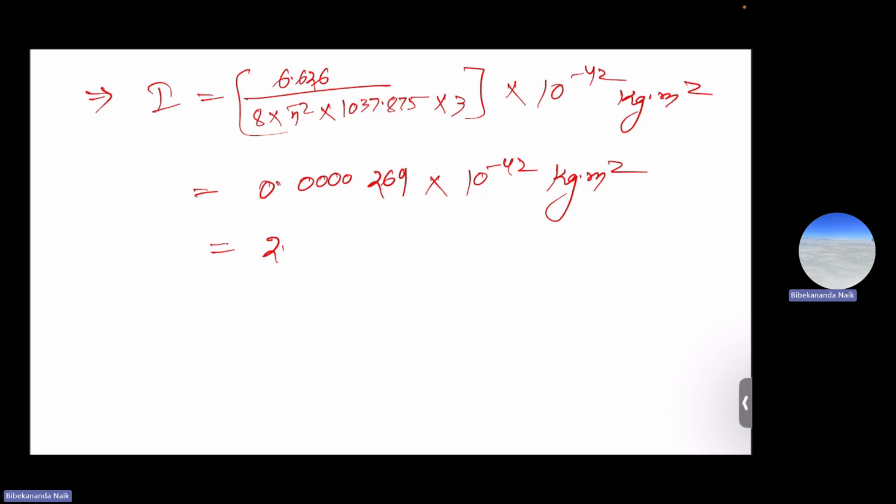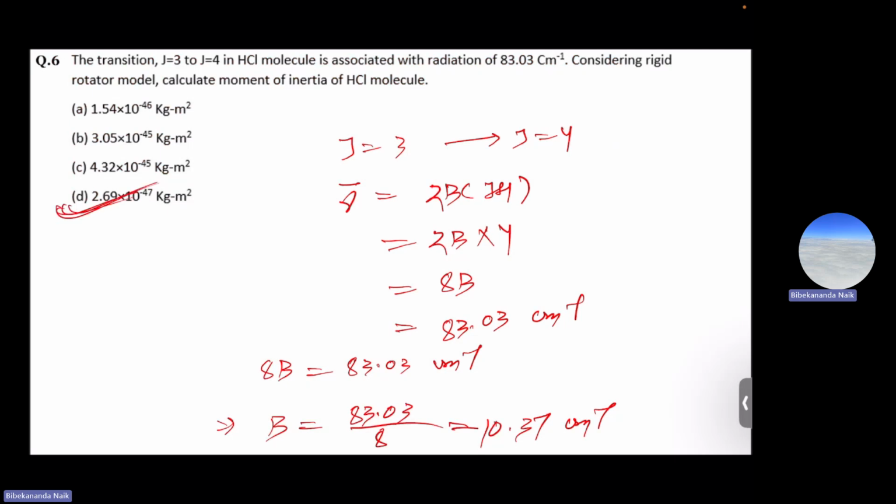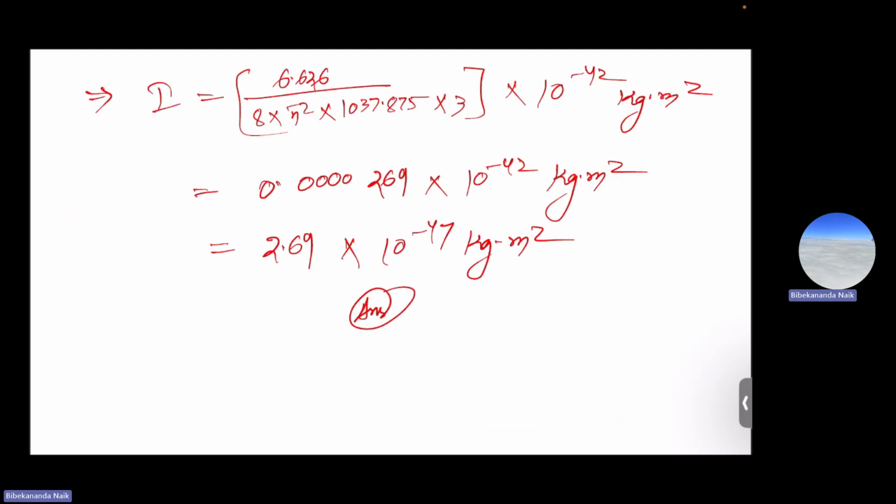That implies 2.69 into 10 to the power minus 47 kg meter square. The correct answer is 2.69 into 10 to the power minus 47 kg meter square.